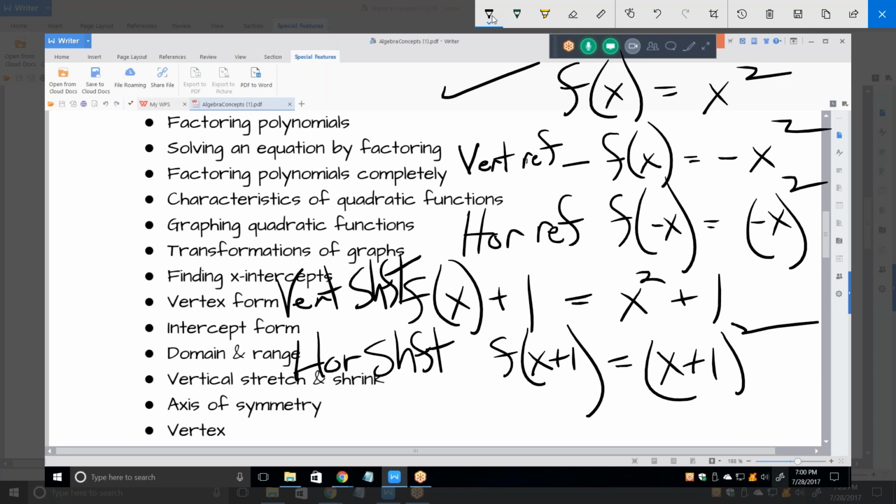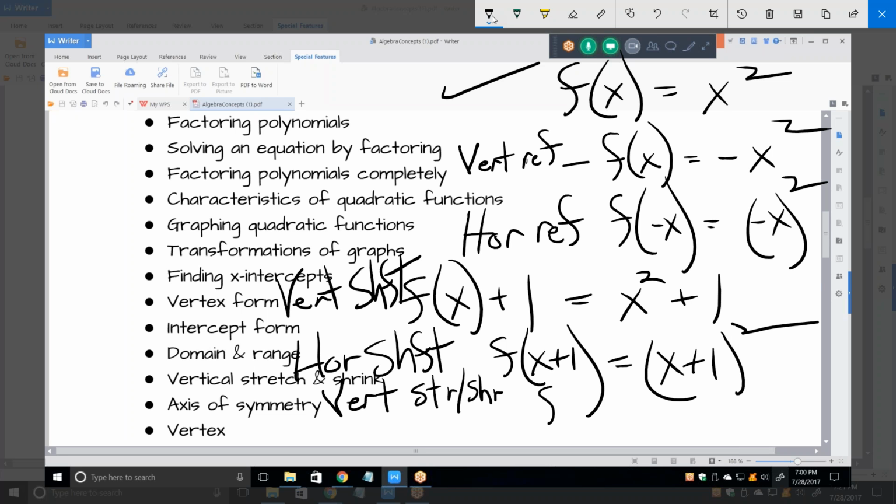Now, there's 4 of the transformations that you can make. There's 2 more. Okay? And I'm going to write it here small. There's a vertical stretch, shrink. Okay?